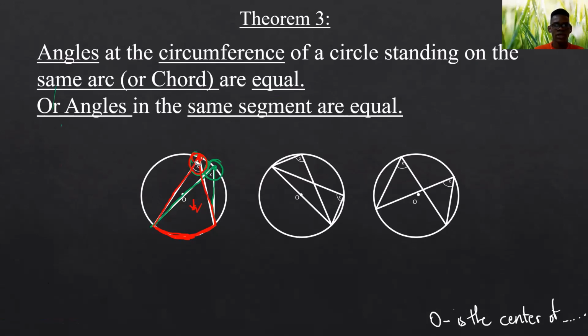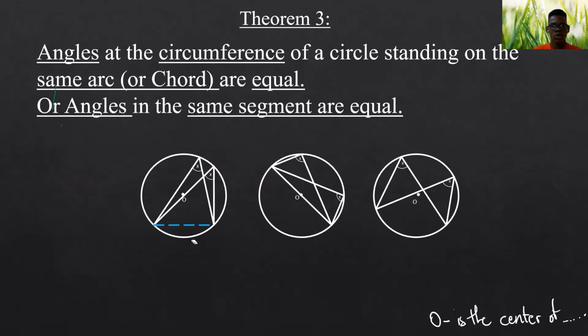And you can have them right next to each other like this, or let's erase all of this. Or chord, right? And that's where the or chord comes in. Like I explained with the first theorem, you can draw a line from here to here. Both of our angle lines connect at the same point, and if we draw a line here, they're standing on this chord.